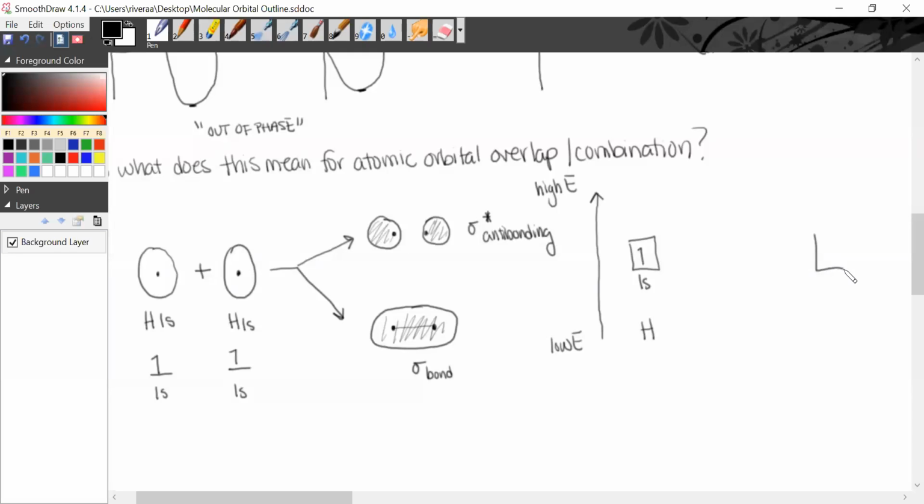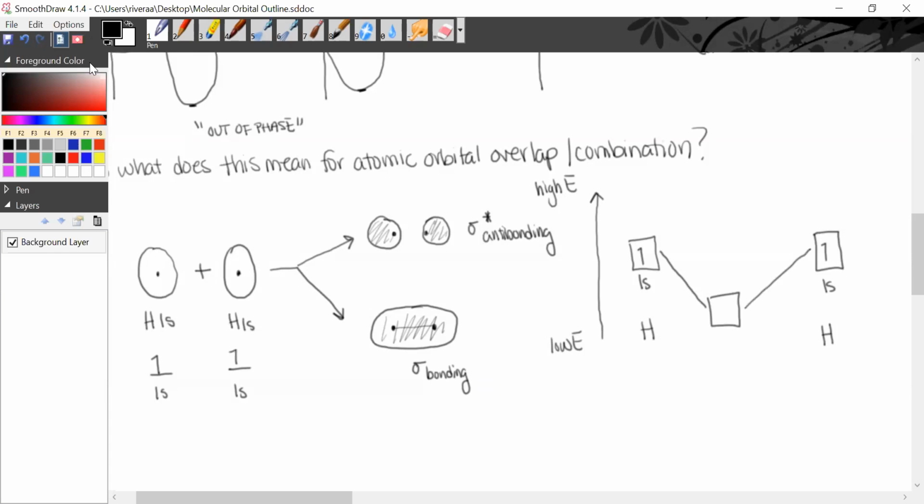Other side of my diagram is my other hydrogen 1s, 1. When these two things overlap and combine, we can get this bonding orbital. I guess I should have said sigma bonding, okay? So that's lower in energy. Ugh, that should be in the middle.